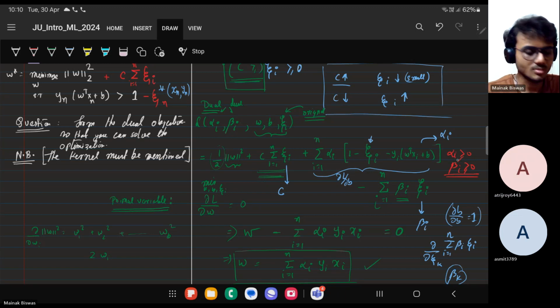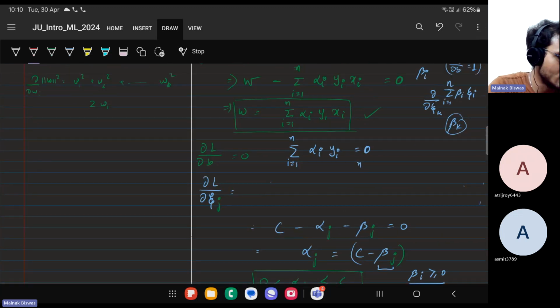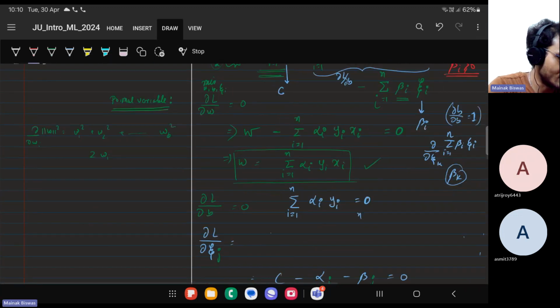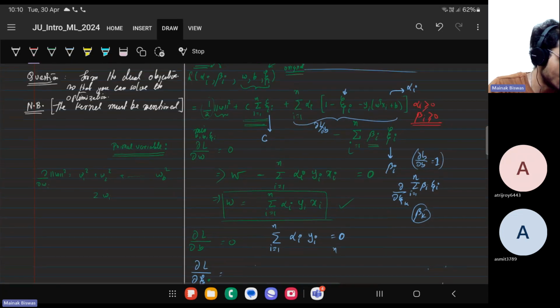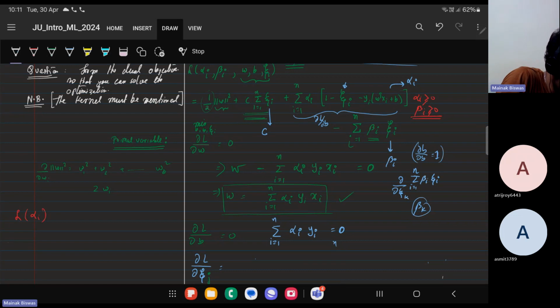Okay, so wait for some time and I'll put the value of W in the original equation. Tell me what will happen if I put the value of W in the original equation. I will get the Lagrangian of alpha I as half of the summation of alpha I yi xi I, I equal to 1 to n, transpose, and so on.